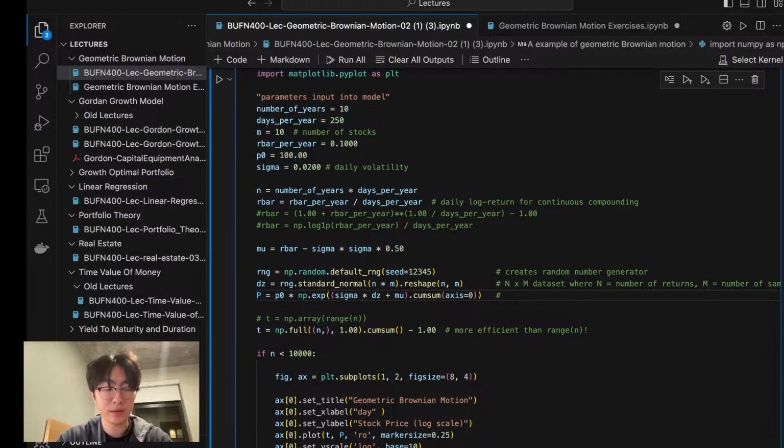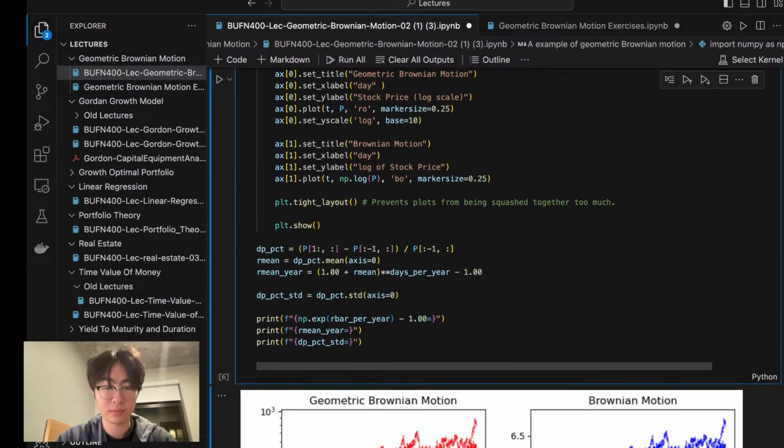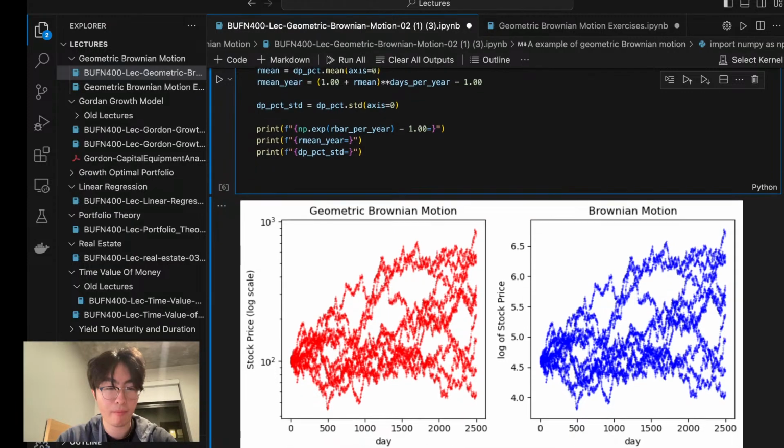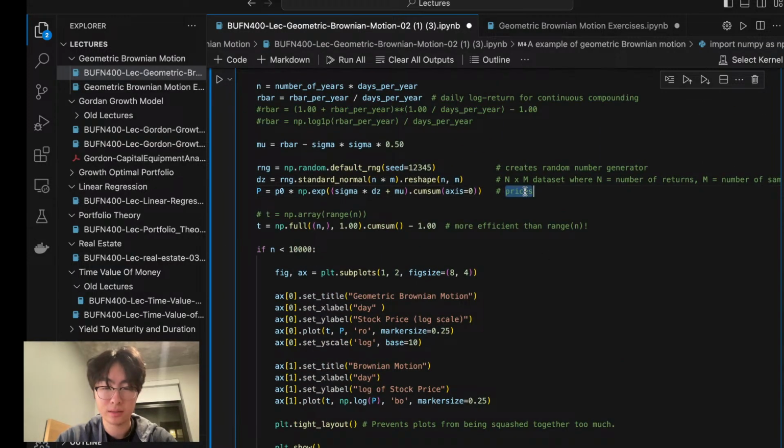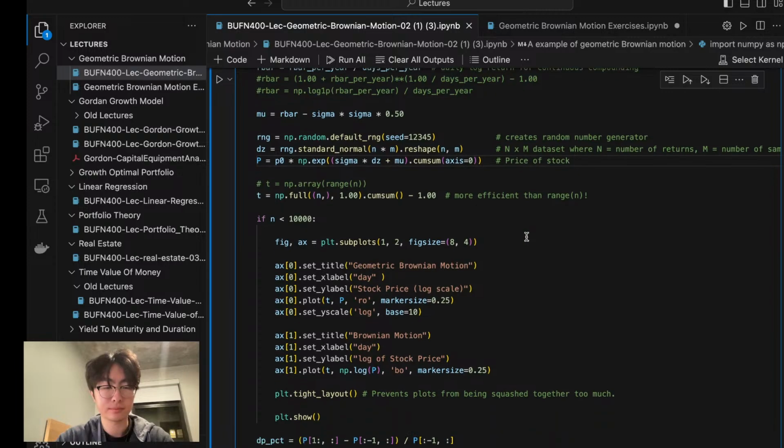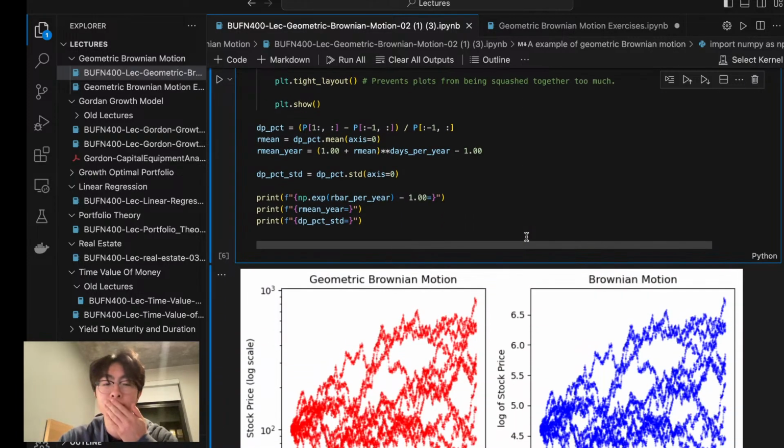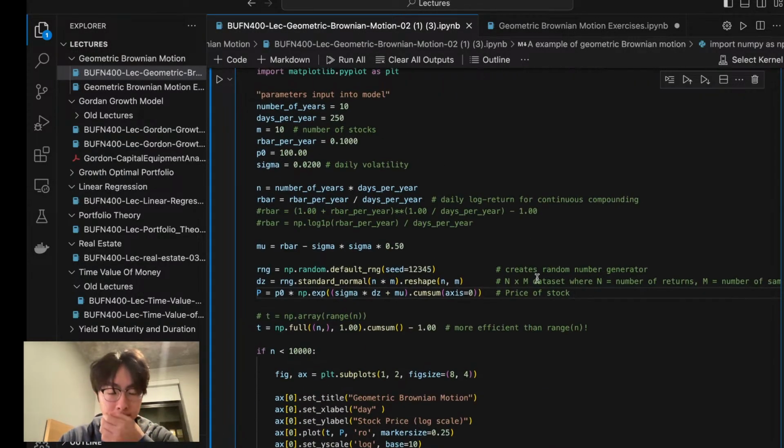And so this should actually be the prices themselves. So prices. Price of stock. Okay.